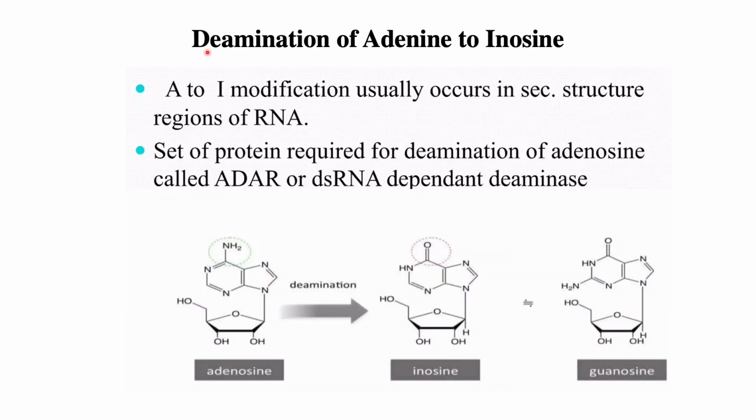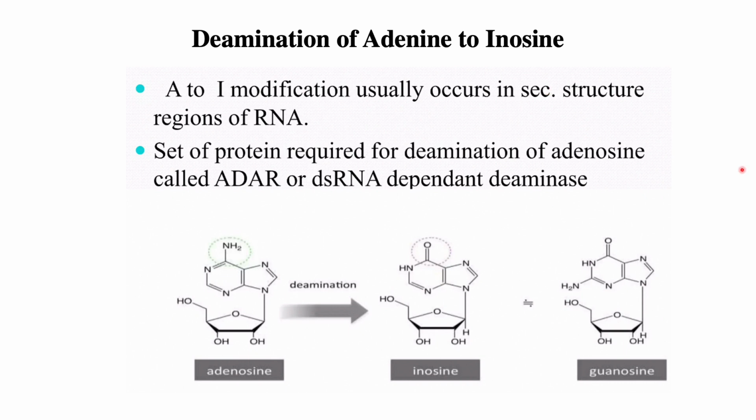The other modification is the deamination of adenine to inosine. So here the deamination of the A nucleotide leads to the formation of I, which is inosine. This usually happens only in secondary structure regions of the RNA. So we'll have an I nucleotide instead of A. A is complementary to the T nucleotide, but when there's an I nucleotide in place of A, I could be complementary to any of the bases.